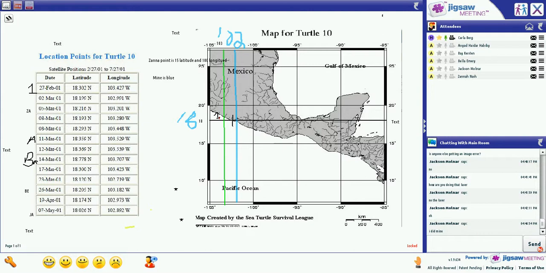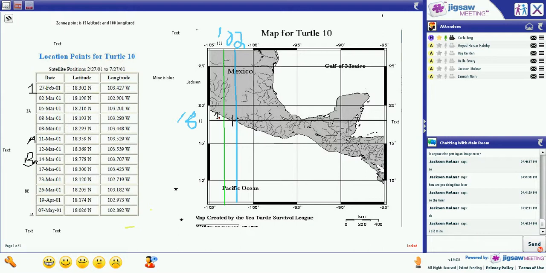Okay, so what you are going to do is find where 15 latitude, which is this line right here, and 100 longitude cross each other. And then you are going to make a point.